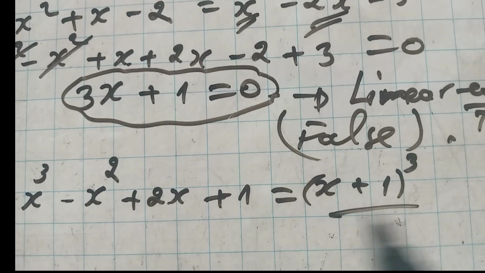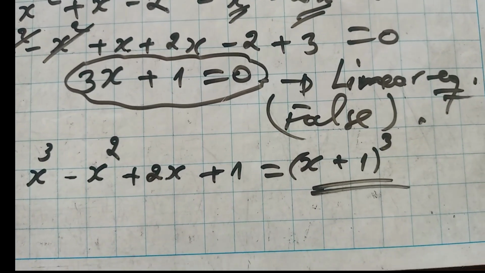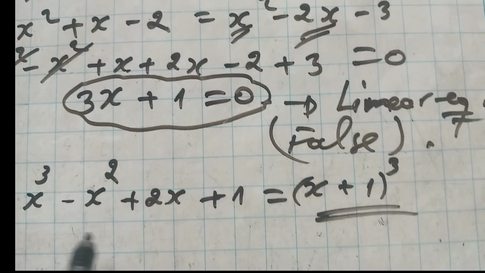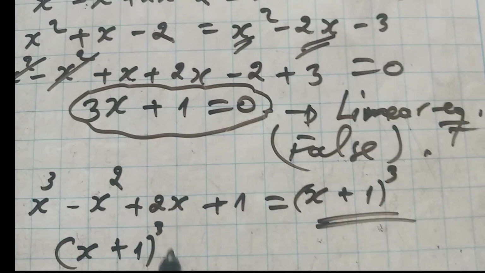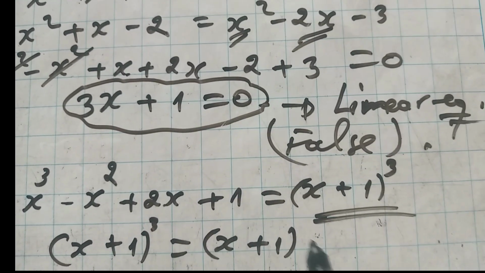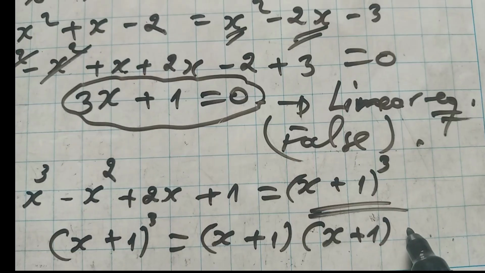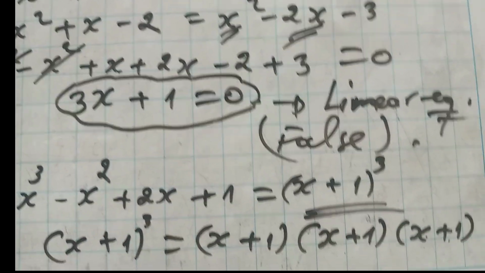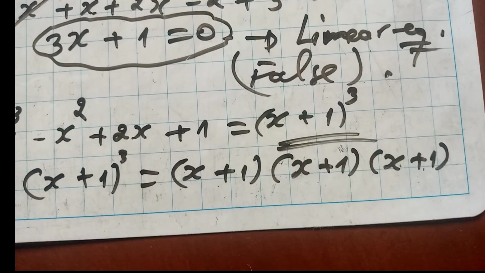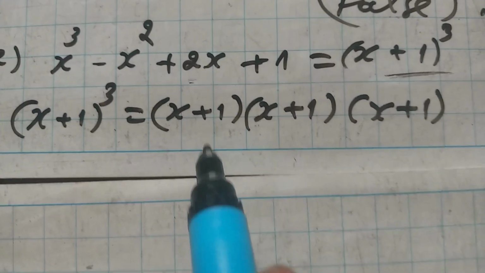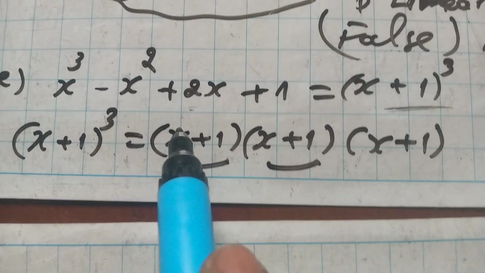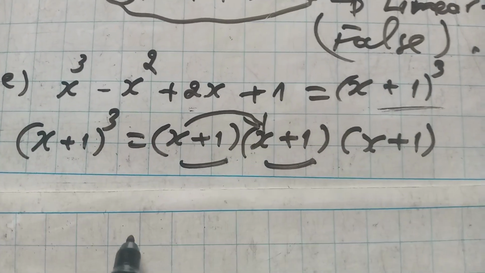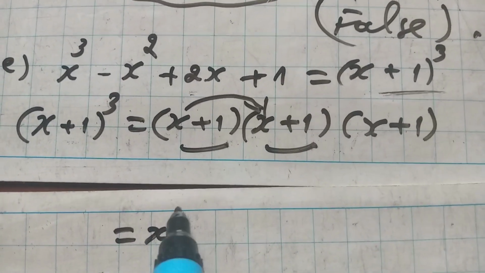We have to expand this factor. So x plus 1 cubed is equal to x plus 1 times x plus 1 times x plus 1, we have 3 identical factors to be multiplied. We have to multiply this factor and this factor here. You see, here you have x times x, which is equal to x squared.